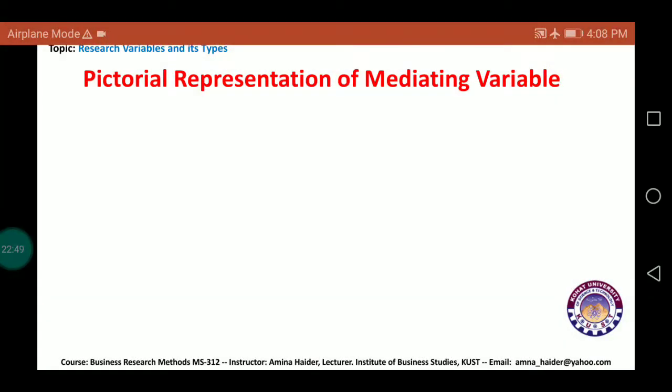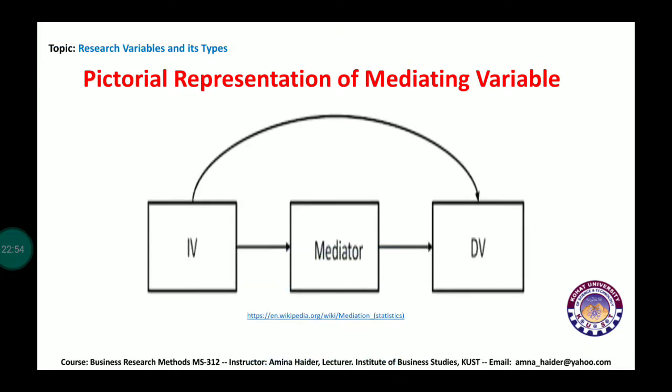So moving towards the pictorial representation of a mediating variable, we see that the independent variable is affecting the dependent variable but not directly, rather through the mediating variable, the intervening variable.